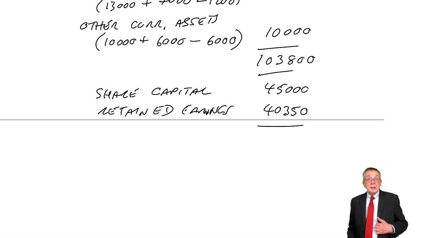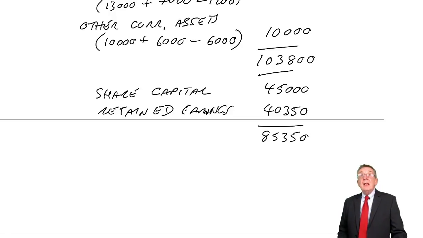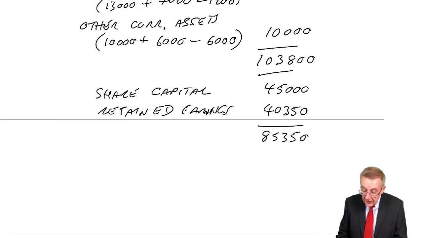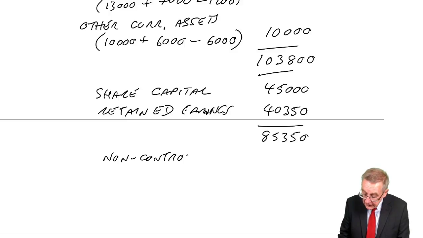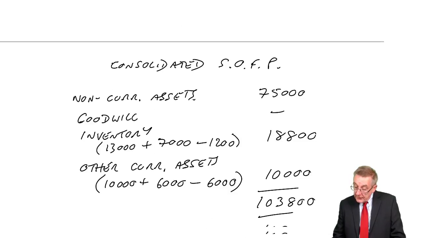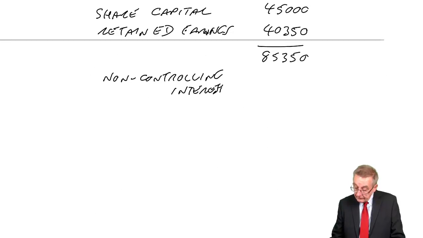And so the total owing to shares in the parent company, 85,350. But of course, we brought in the whole company and part of its own owed to the non-controlling interest. And again, we've done the workings for that. And what did it come to? 8,450.